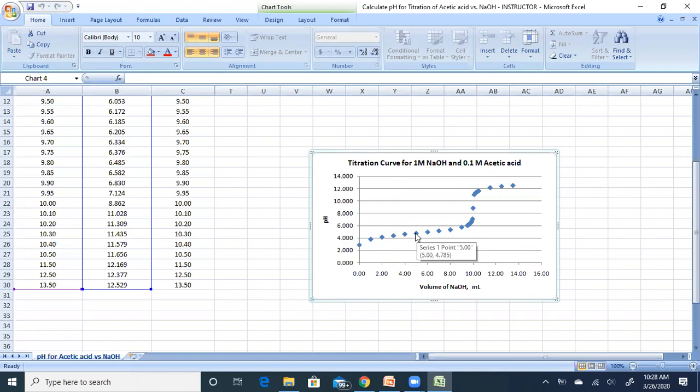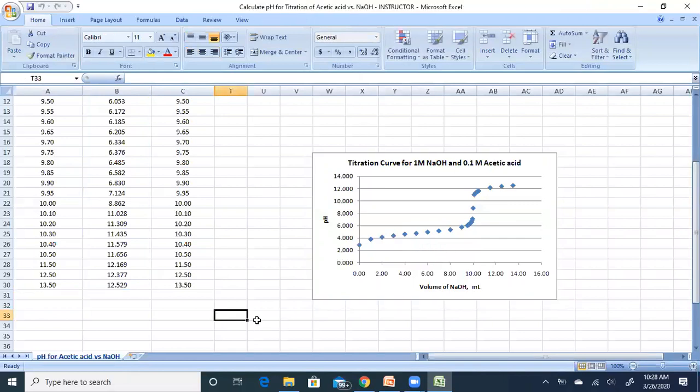So 4.785 is our pH, our pKa, sorry. Once you get the pKa, 4.785, if you want to get the Ka, you just take 10 to the negative 4.785. You can use your calculator. Let's see if I can do that here.